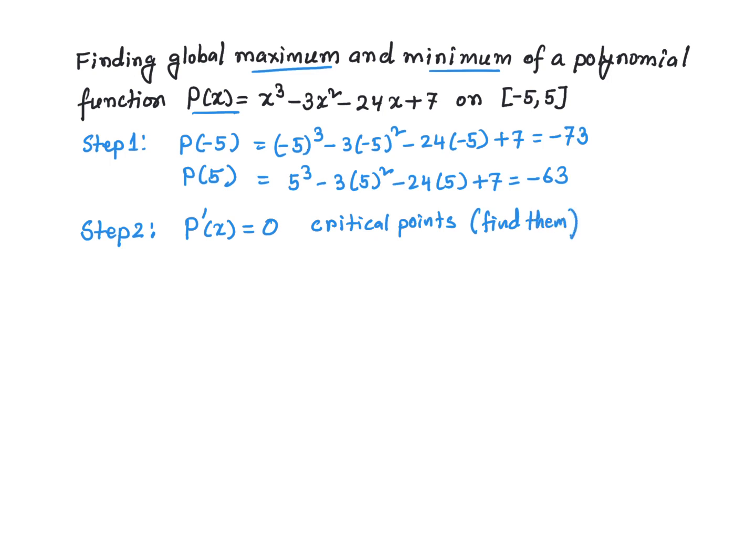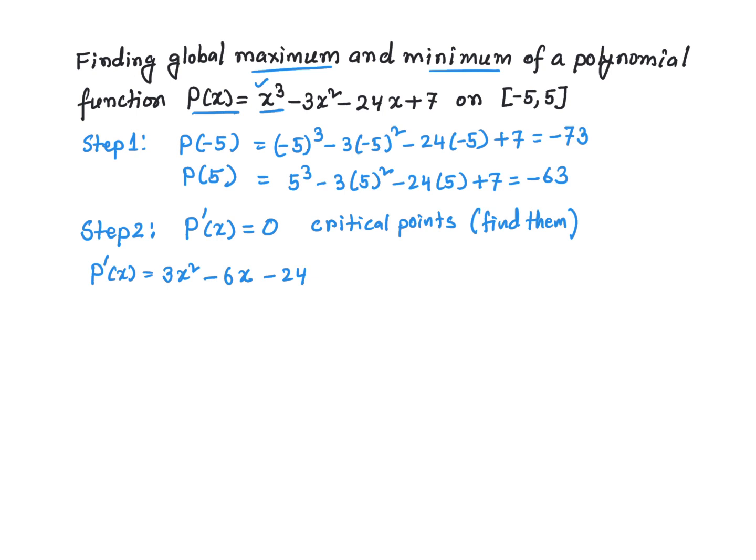All right. So what is the derivative of p of x, which is p prime of x? There's going to be derivative of x cubed, which is 3x squared minus a derivative of 3x squared is going to be 6x. Then minus 24 times derivative of x is equal to 1.